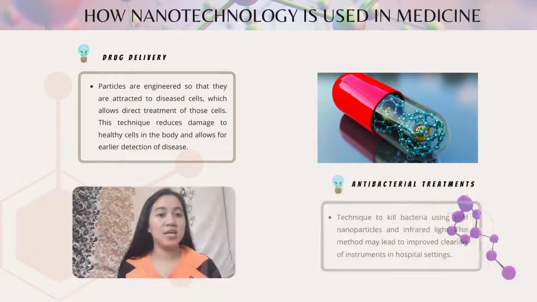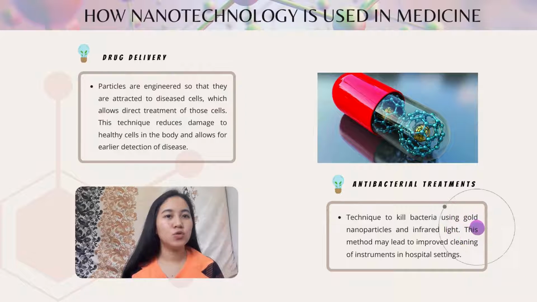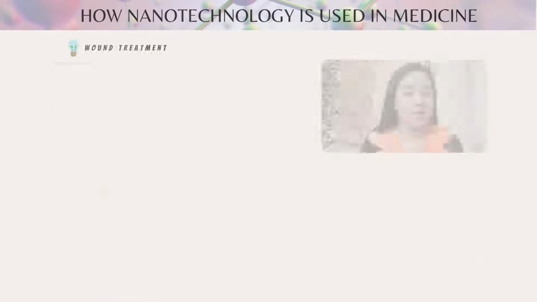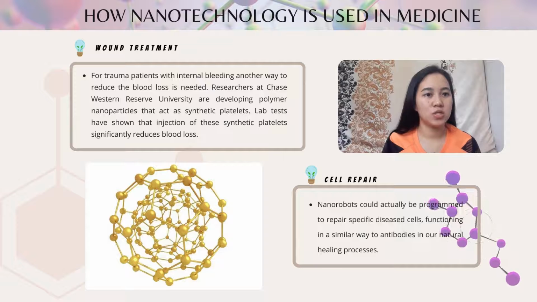Number 3 is antibacterial treatment. Techniques to kill bacteria using gold particles and infrared light. This method may lead to improved cleaning of instruments in hospital settings. Next is point number 4, wound treatment. For trauma patients with internal bleeding, another way to reduce the blood loss is needed. Researchers at Case Western Reserve University are developing polymer nanoparticles that act as synthetic platelets.